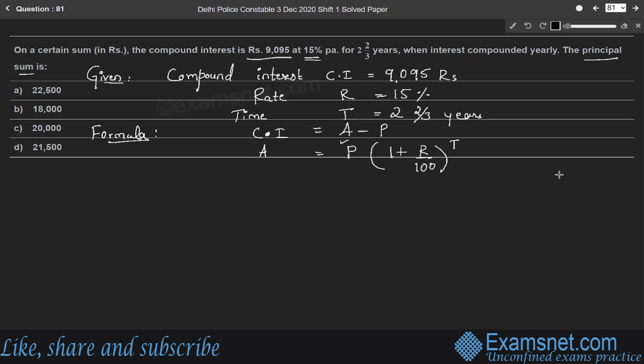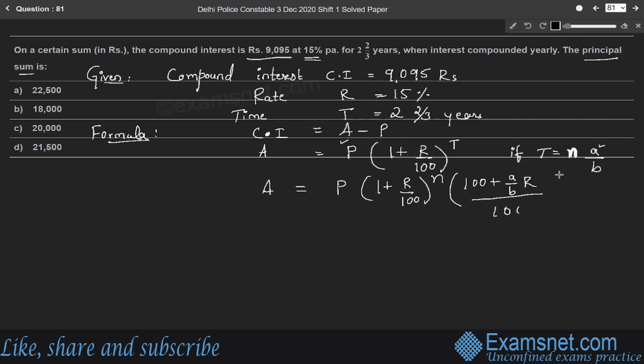If time is in the form of a fraction containing a whole number and a fraction, n integer a by b, then the formula becomes A is equal to P into 1 plus r by 100 to the power of n, into 100 plus a by b into r whole divided by 100.